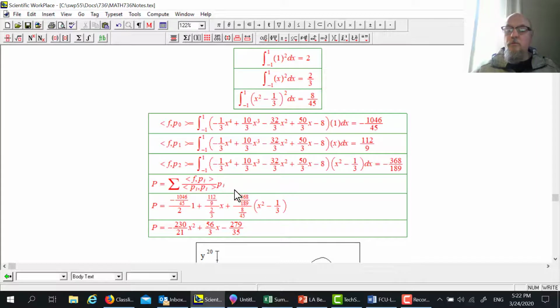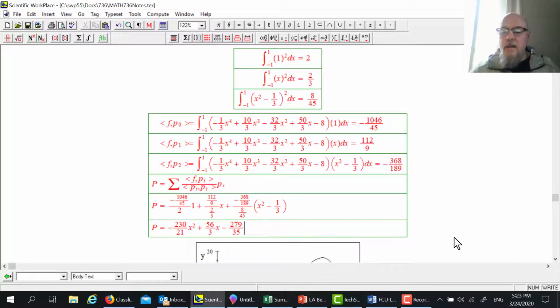Last piece, because we said we were only going to go up to x squared, take our polynomial dot product against P2, get a number, divided by P2 squared, times P2. This is our Legendre polynomial. When I simplify it, there's the parabola I get.